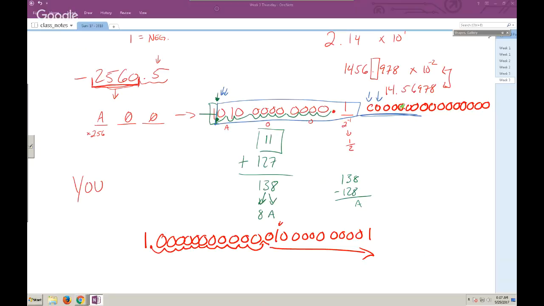We're putting just blank values in positional values that aren't going to actually affect the number, okay? Because this is saying, for example, I'm going to add 2 to the negative 4, 2 to the negative 5, 2 to the negative 6, 2 to the negative 7, 2 to the negative 8, 2 to the negative 9, and they're all 0. When I add that into the number, nothing changes.